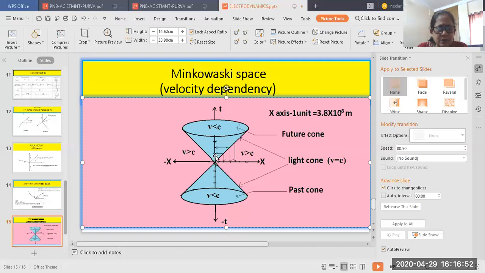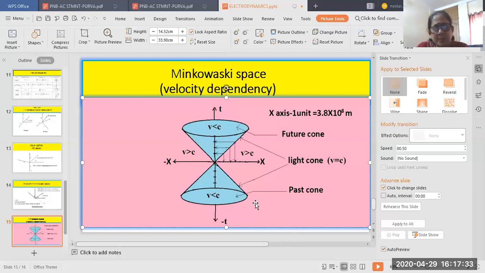If you draw the locus of your motion, you may follow this path, this path, or at the maximum you can come this side, but you cannot go away from this cone. Your loci, the plural of locus, will fall within this cone. That is why all the particles, all the objects which are moving with velocity less than the velocity of light occupy this cone as a function of time. You can show their position here.